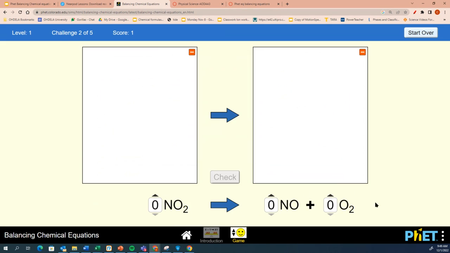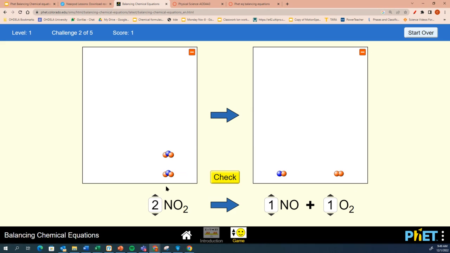Next. Remember, start with one, start with one, start with one. The blue is N and the orange is O. So I've got one N and two O's on one side, and one N and three O's on the other. Because there's more here, I'm going to try and fix this side and see what happens.